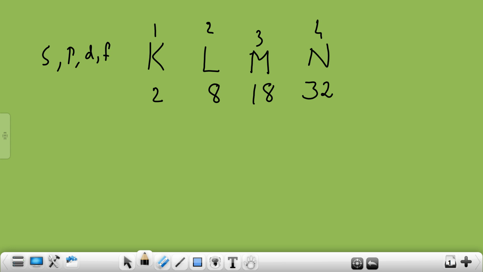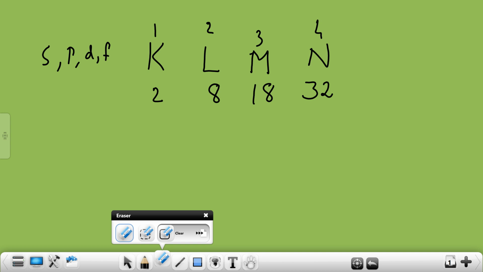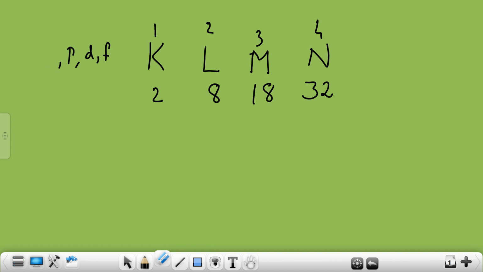And you should write the subshells in small letter, and you should write the principal shells in capital letter. So that is a very important thing. There are 4 subshells, called sub-energy levels, namely s, p, d, and f.